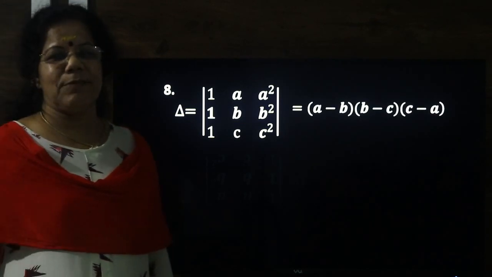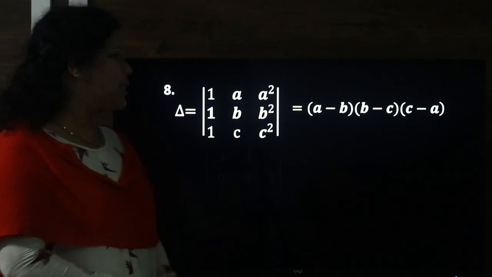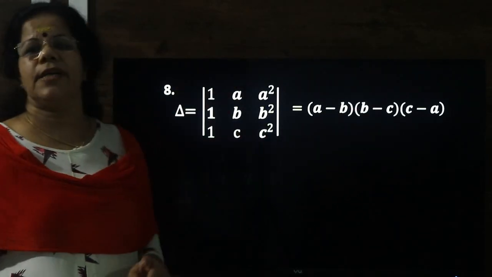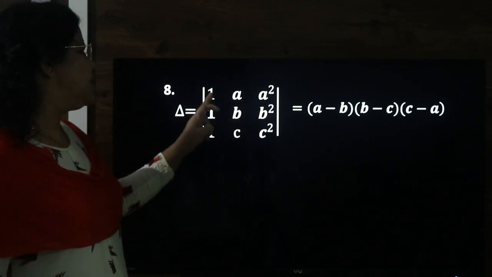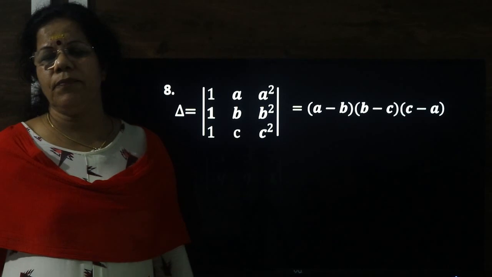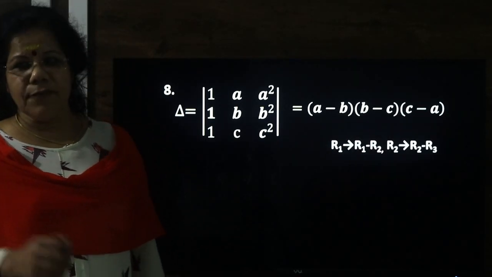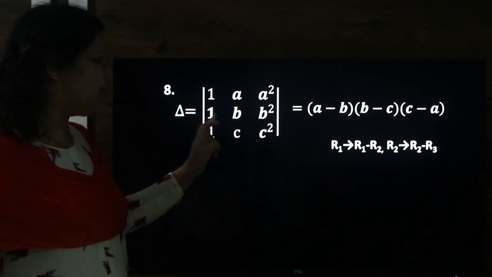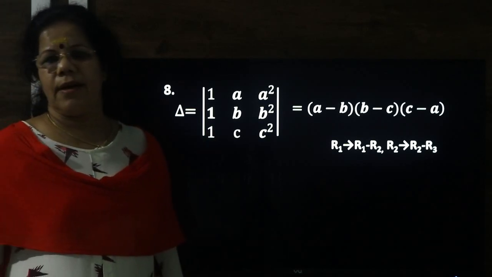What do you have to get? a minus b into b minus c into c minus a. There you have to concentrate. Right? So for getting a minus b, what operation can we do, you have to think. For getting a minus b, better you change R1 changes to R1 minus R2. Again for getting b minus c, you change R2 changes to R2 minus R3.